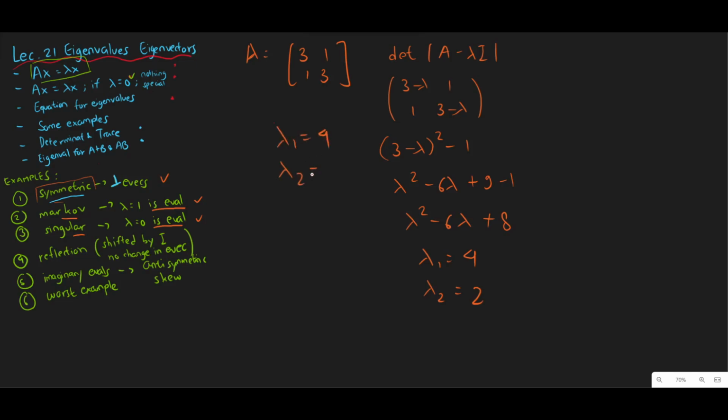The trace and determinant are just another way to verify if we got those lambdas correctly. Notice that lambda 1 plus lambda 2 is equal to 6. How do you get 6 here? By summing up the terms on the diagonal, and this is called the trace.